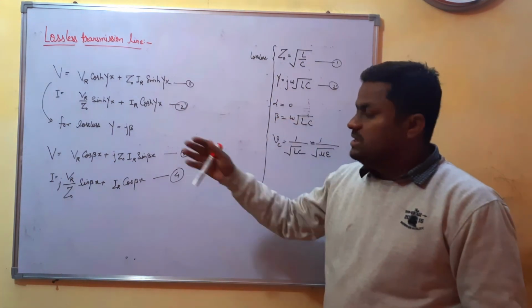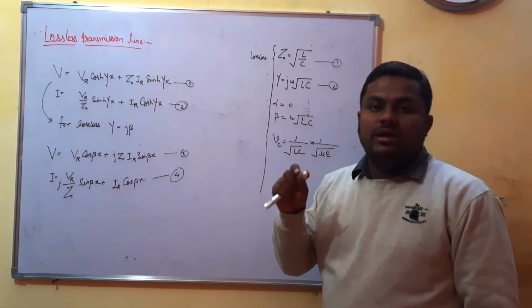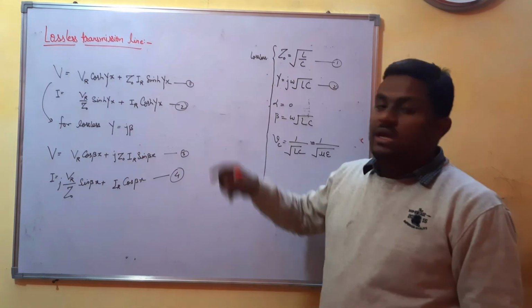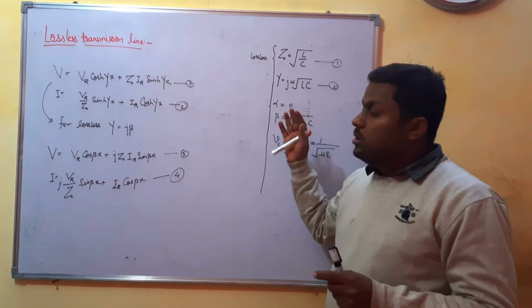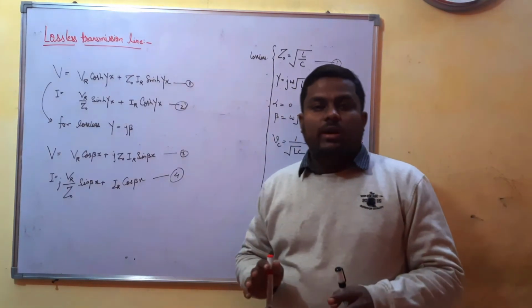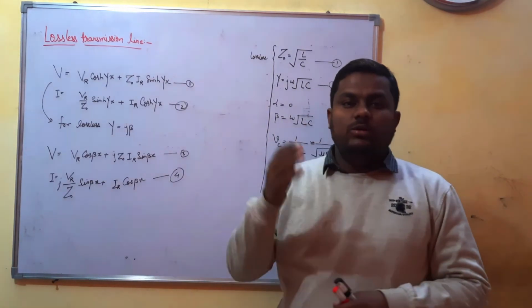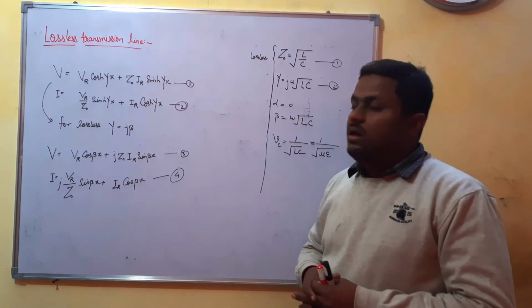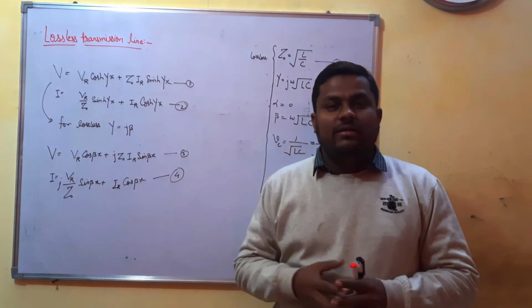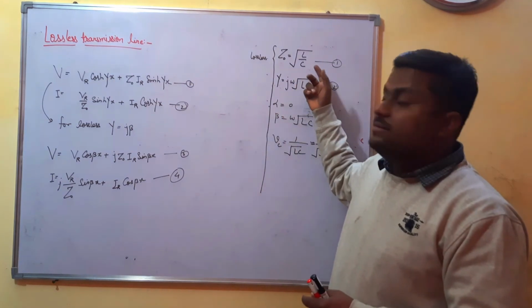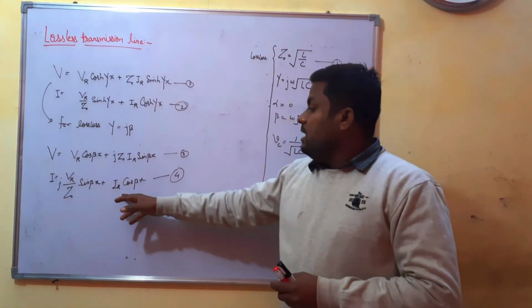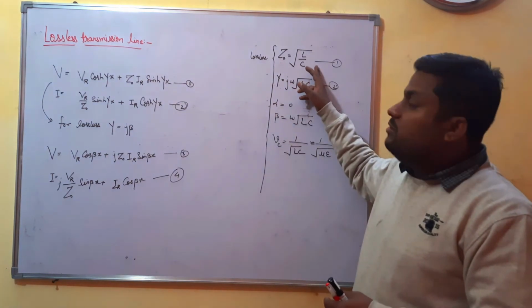Now consider the case when the load connected at the load end is equal to the characteristic impedance of the line, which is a constant Z0. Remember that this is constant, and for overhead lines this is about 400 ohm.